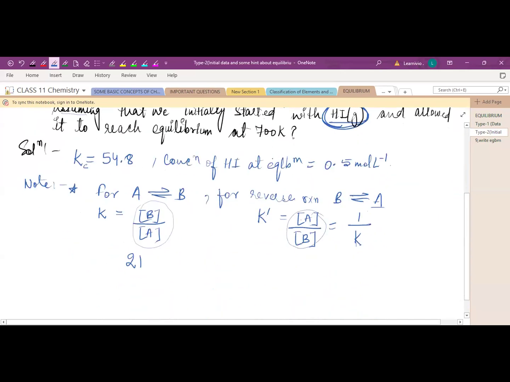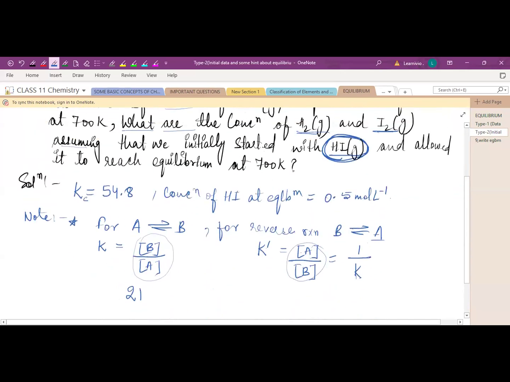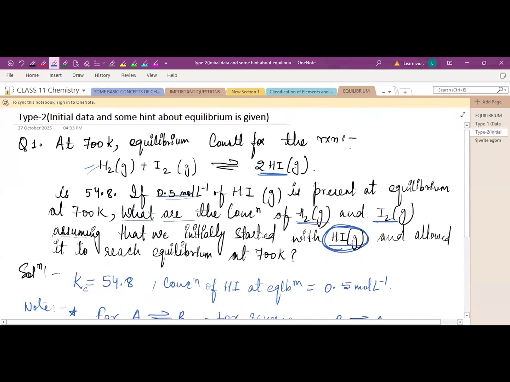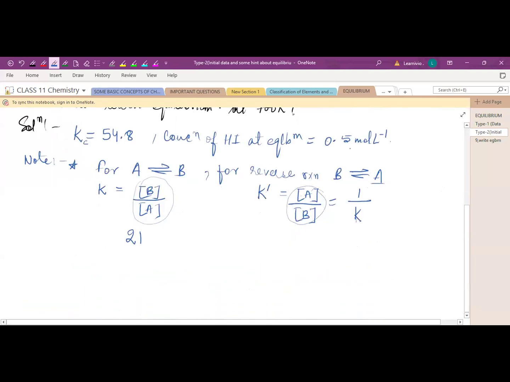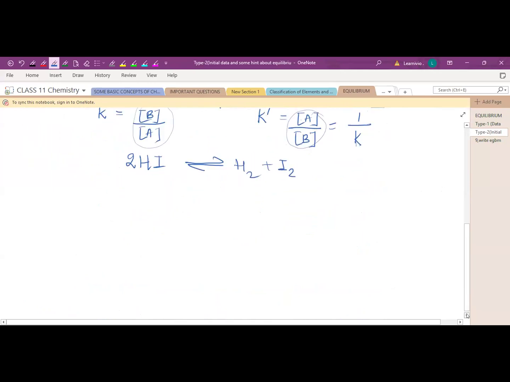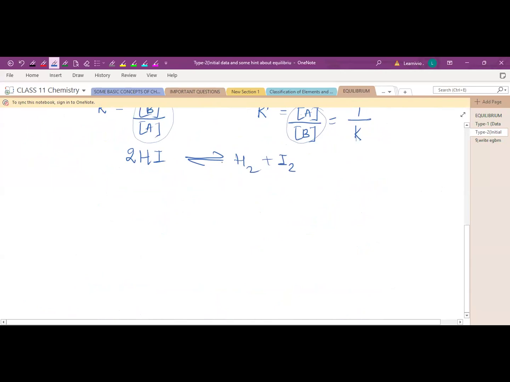But since we assume we initially started with HI, we write the reverse reaction, the backward reaction: 2HI gets converted into H2 plus I2. That is the reverse reaction. Is this clear?